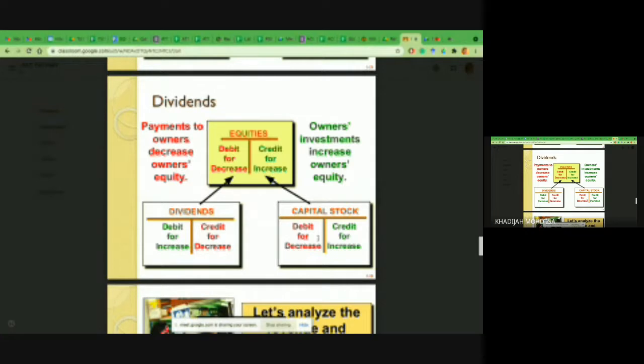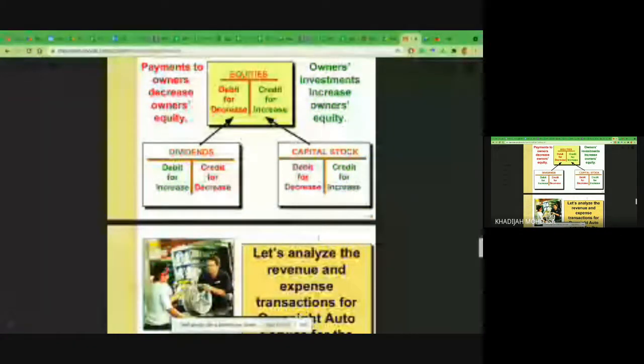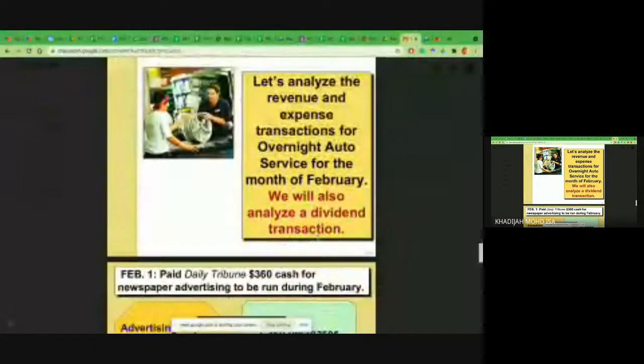Payment decreases owner's equity, right? So when you pay dividends, cash will be credited because cash decreases, but you debit your dividend account because payment of dividends reduces your owner's equity. You pay your dividend out of your retained earnings.